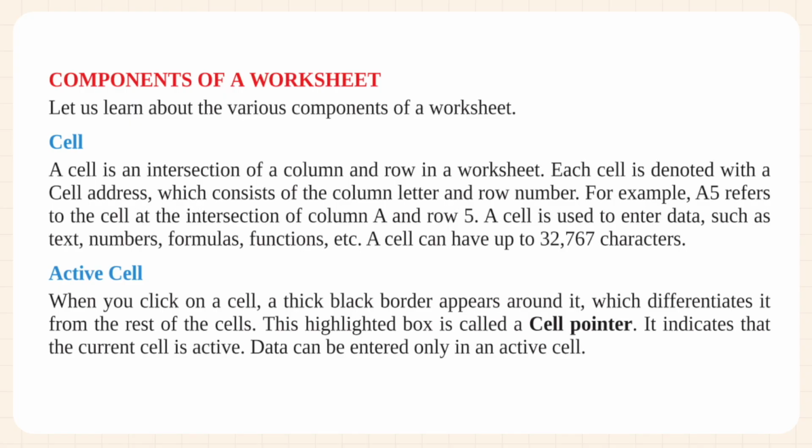Components of a worksheet. Let us learn about the various components of a worksheet. Cell. A cell is an intersection of a column and row in a worksheet. Each cell is denoted with a cell address, which consists of the column letter and row number. For example, A5 refers to the cell at the intersection of column A and row 5.